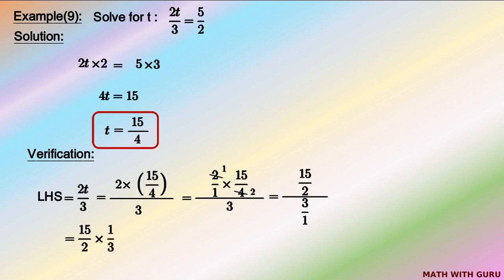You know how to divide fractions. 15 over 2 into multiplicative inverse of 3 over 1 is 1 over 3. 3 ones are 3, 3 fives are 15, 5 over 2 equals RHS.